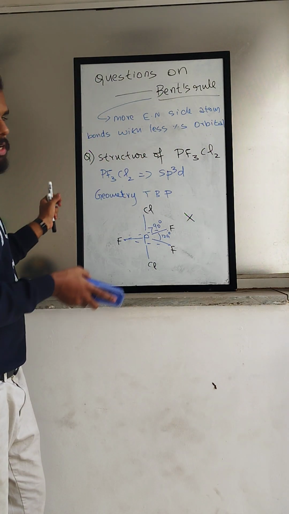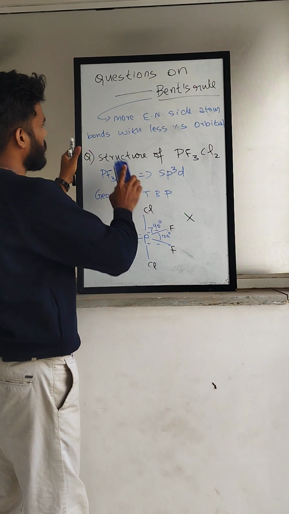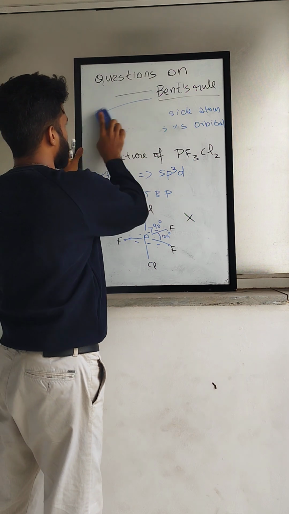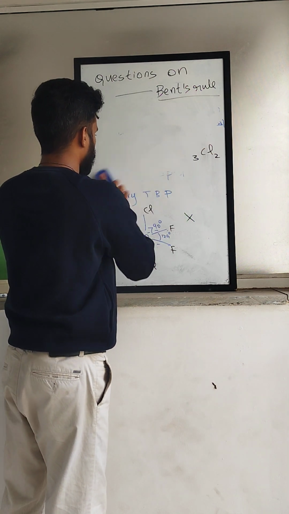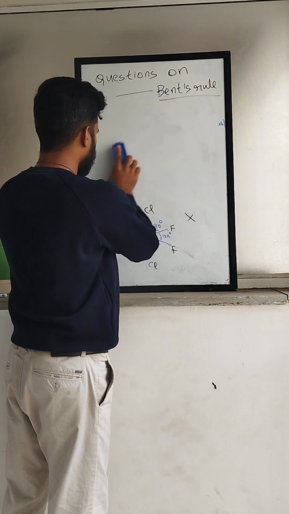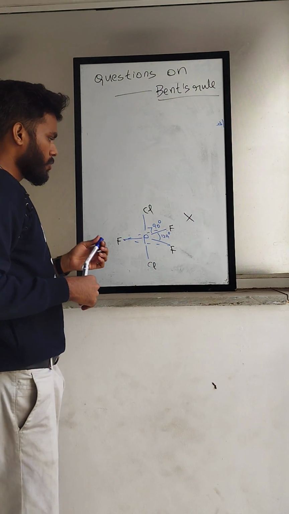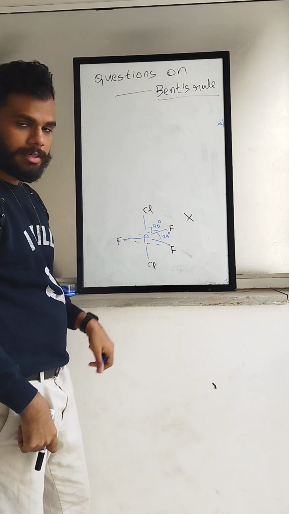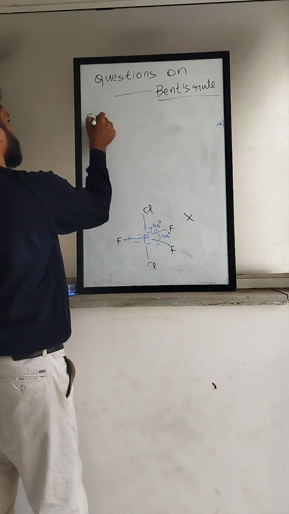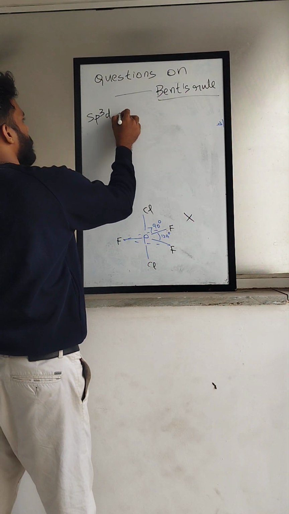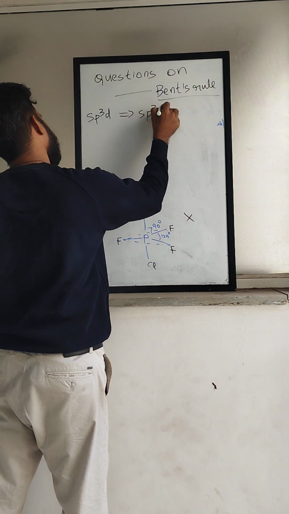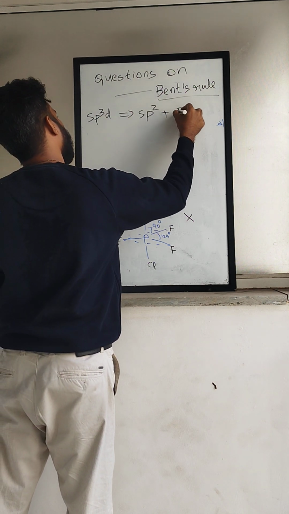Okay, so I hope you all have written this down. Now that I've told you this is a wrong answer, what is the correct answer? To know that, you need to understand that sp3d is actually formed by sp2 plus pd.